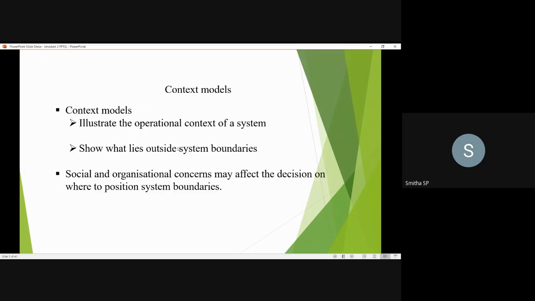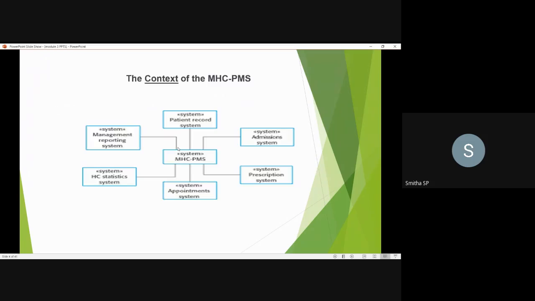Now, let us discuss this context model in detail by taking an example of MHC-PMS, that is the context of the mental health care patient management system. You can observe in this figure that the MHC-PMS is connected to several other automated systems.